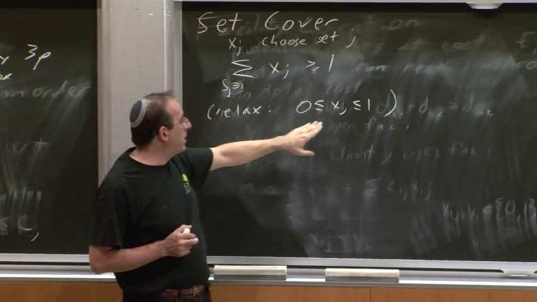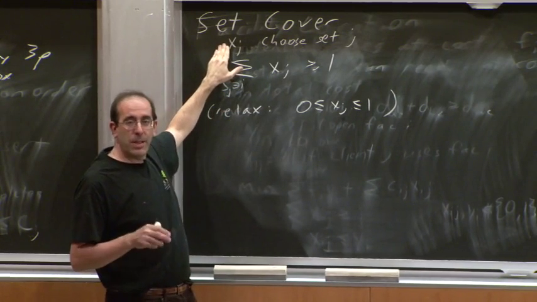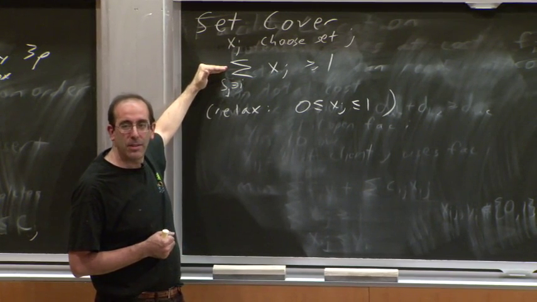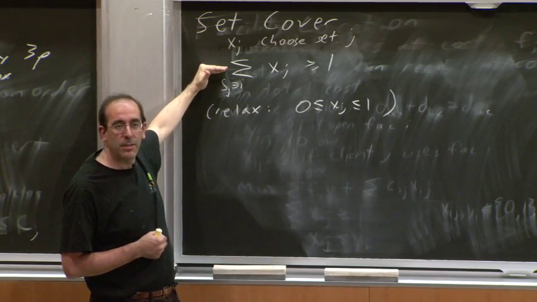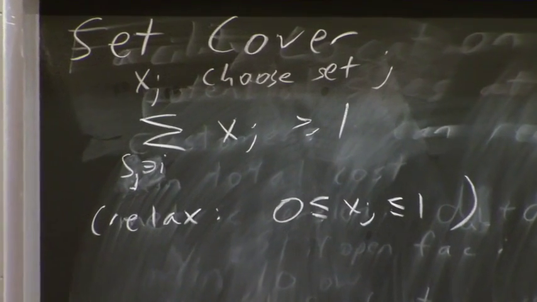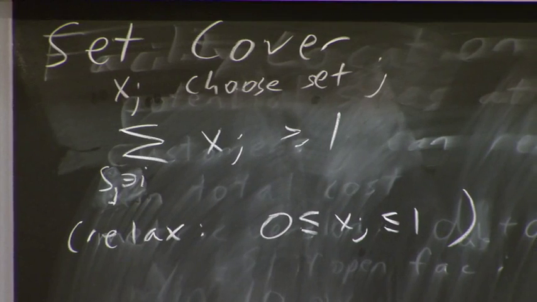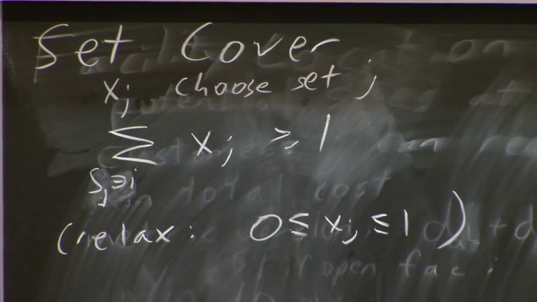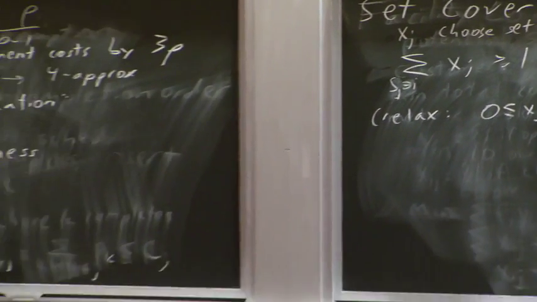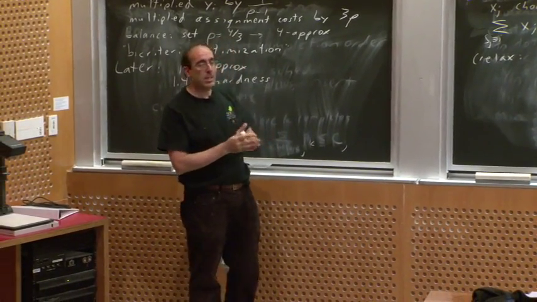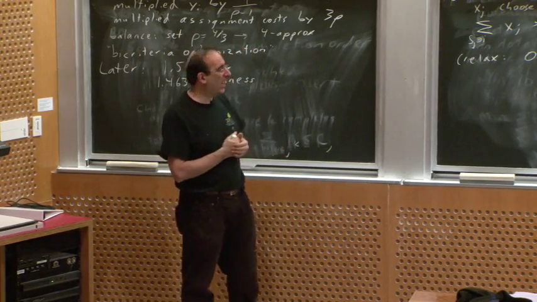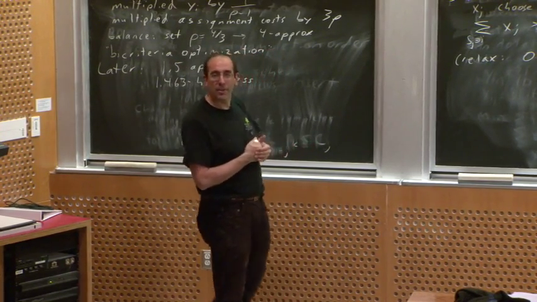If the individual xj's are probabilities of choosing sets, then what is the sum of xj's? Yeah, it's an expectation. So this is the expected number of sets that we choose that contain element I.